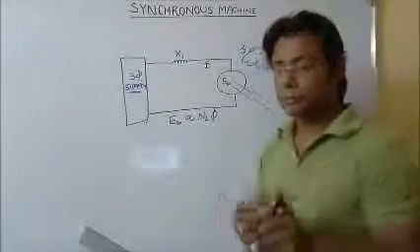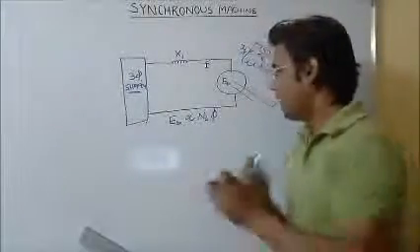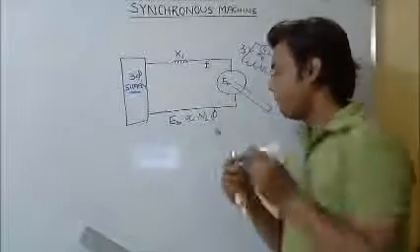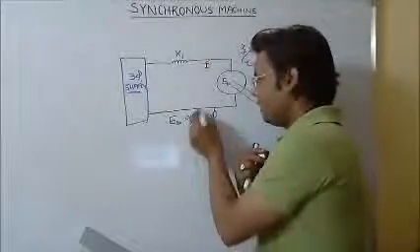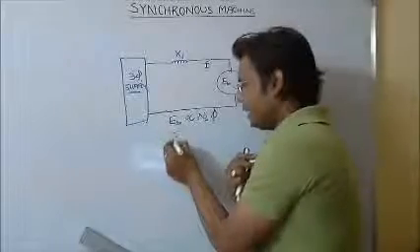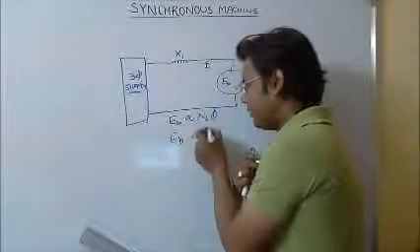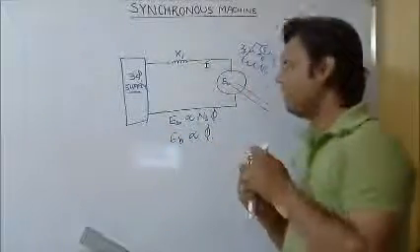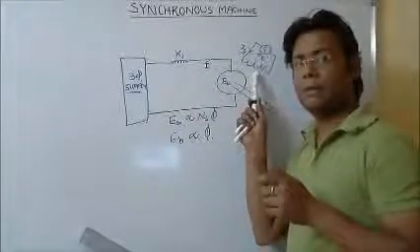Now since this NS is constant, I can say that back EMF EB is directly proportional to the flux. Which flux? The flux produced by the field.